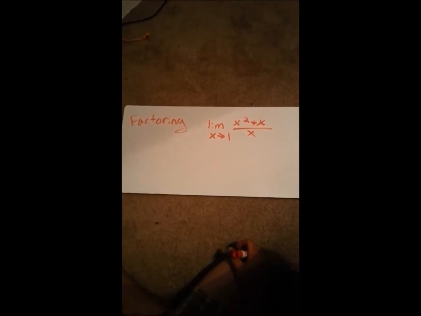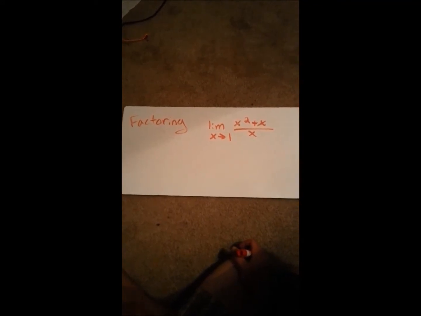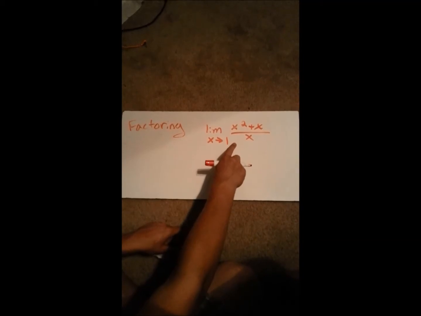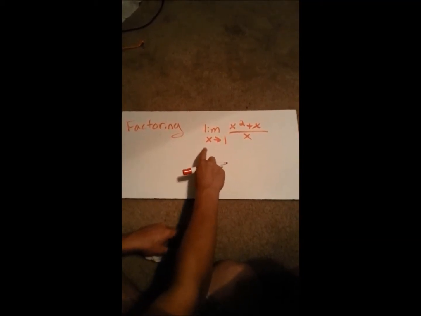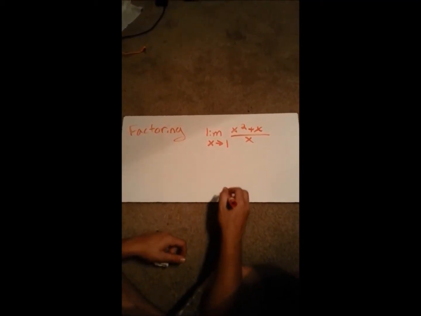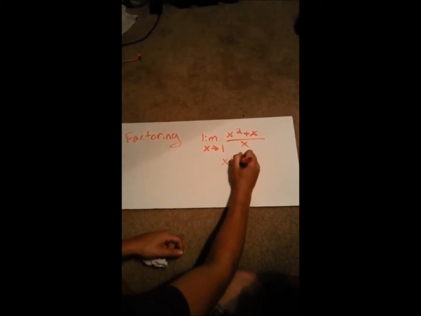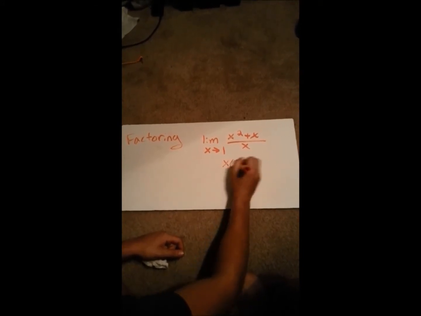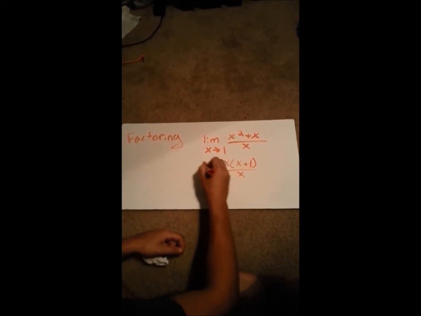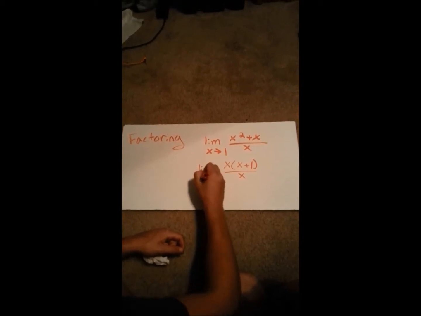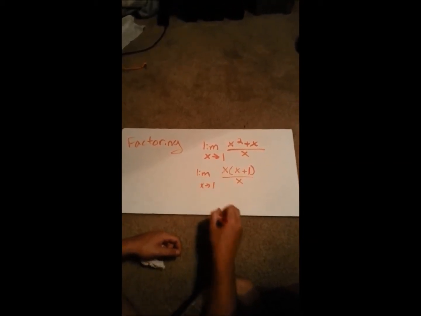Limits can also be solved by factoring. Here in this problem, we have the limit of x squared plus x over x as x approaches 1. We can simplify this equation into x times x plus 1 over x, and have the limit as x approaches 1.